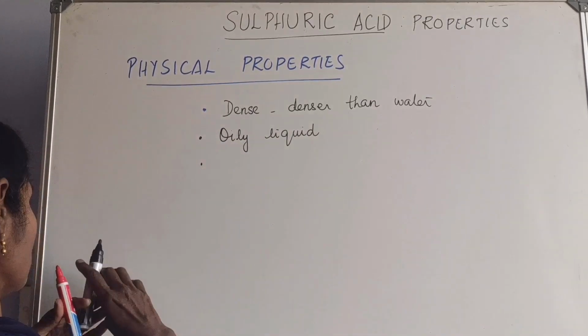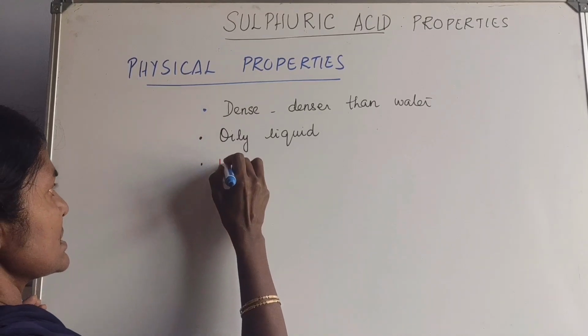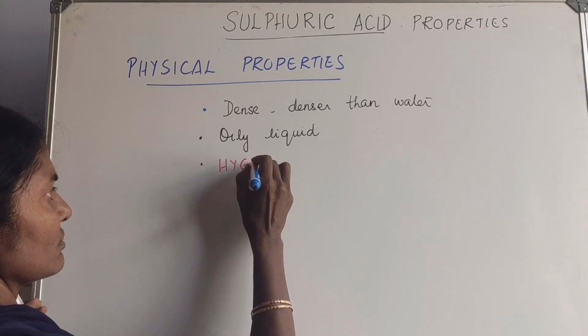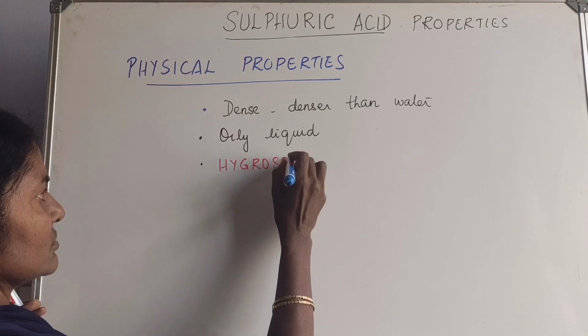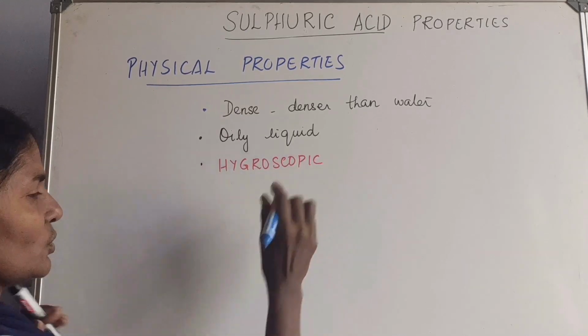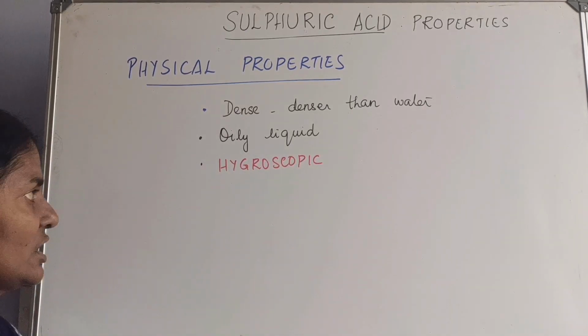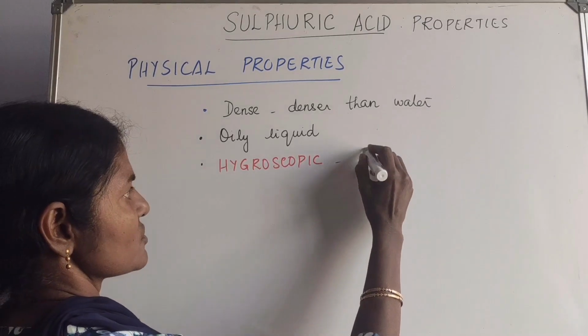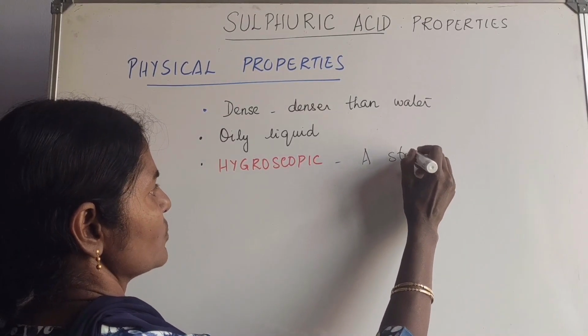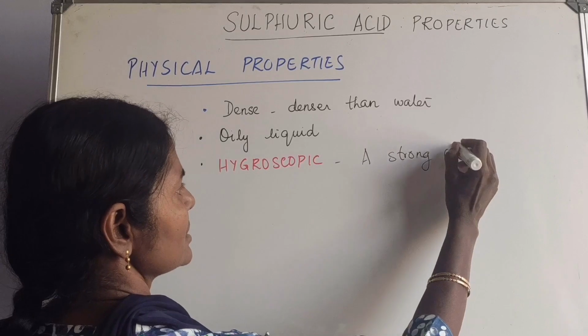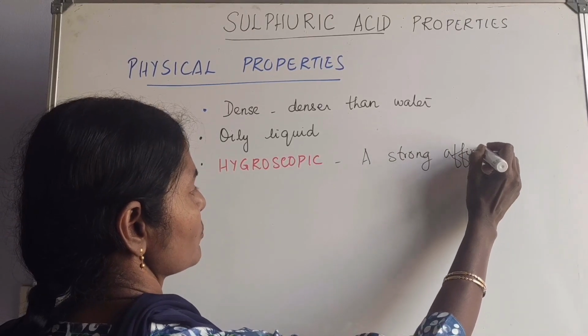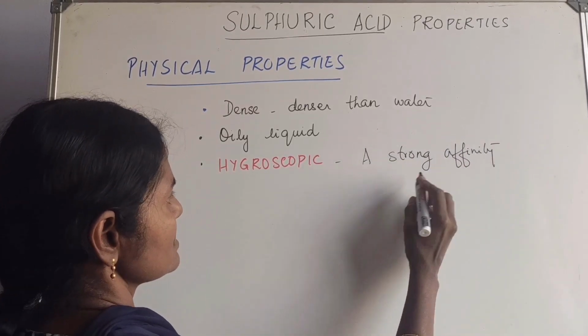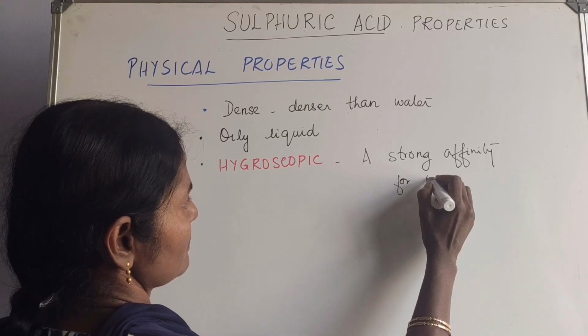And the most important thing is, it is hygroscopic. What do you mean by the word hygroscopic? It has a strong affinity for water. Anything that has a strong affinity for water is termed as hygroscopic.